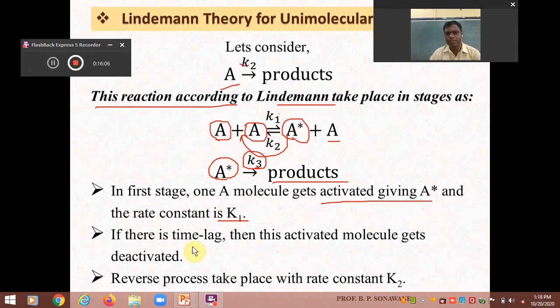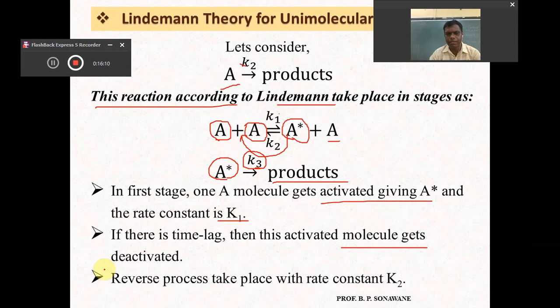In the second step, if there is some time lag, then this activated molecule gets deactivated and the reverse process takes place with a rate constant. So the rate constant of deactivation is K2 and that of decomposition is K3.